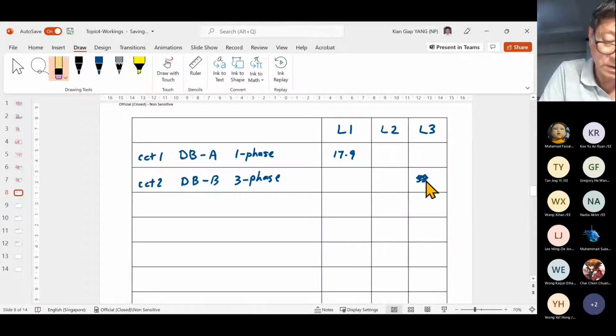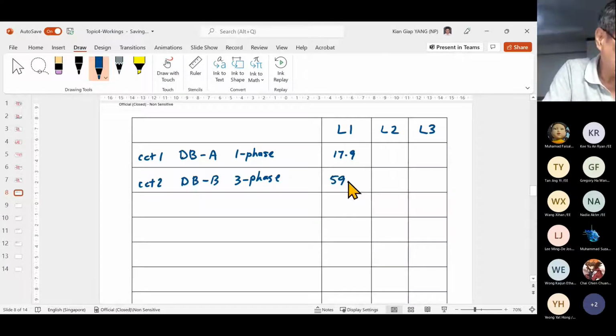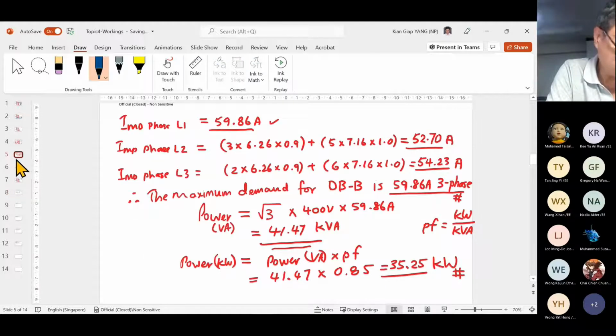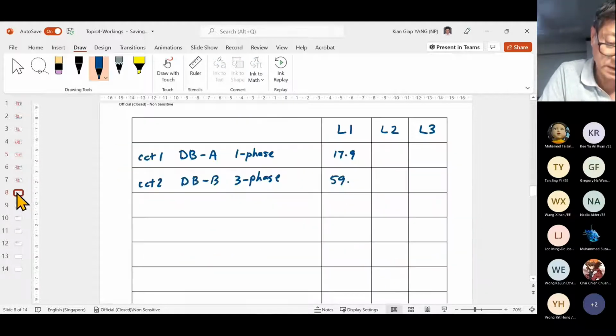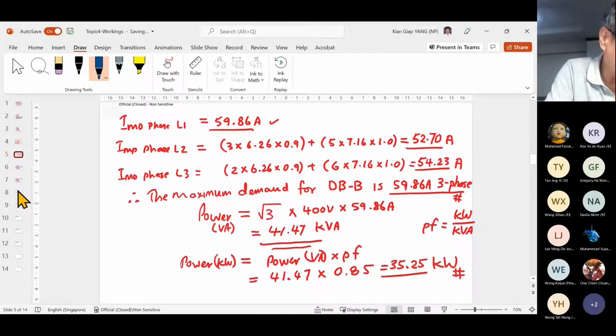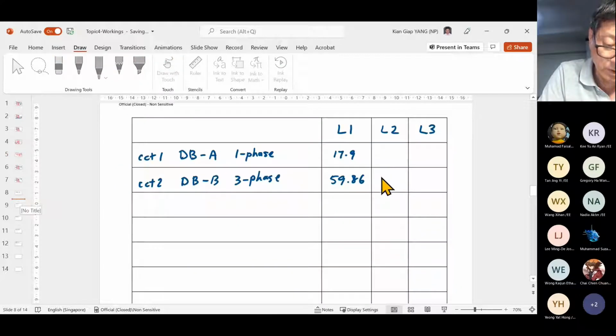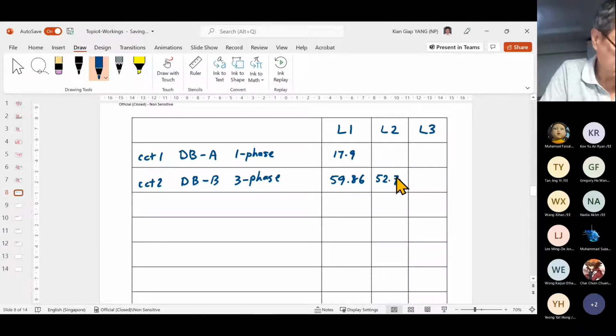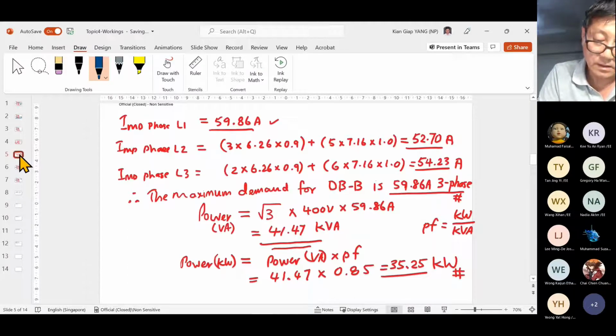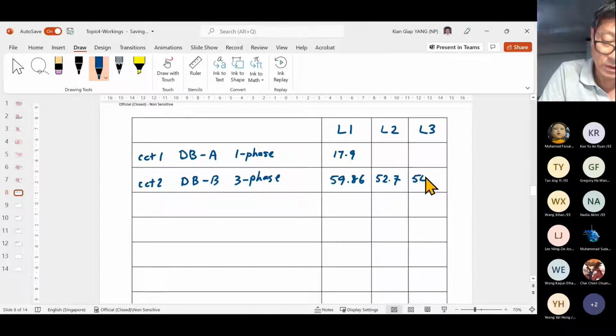So this one should be here, and this one should be at this point already. So 59.86 here. I already decided earlier 52.7, so 52.7. And then 54.23 here.